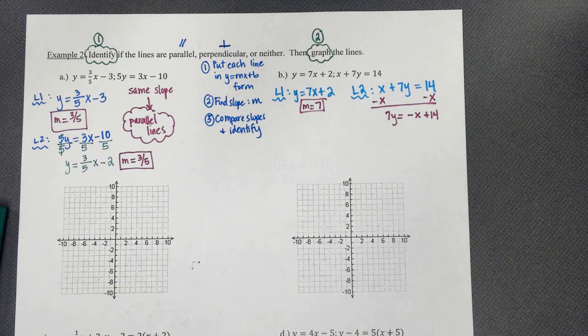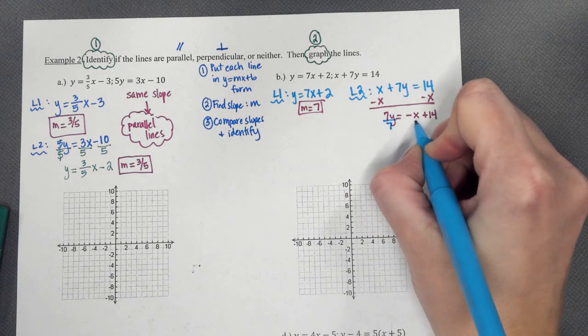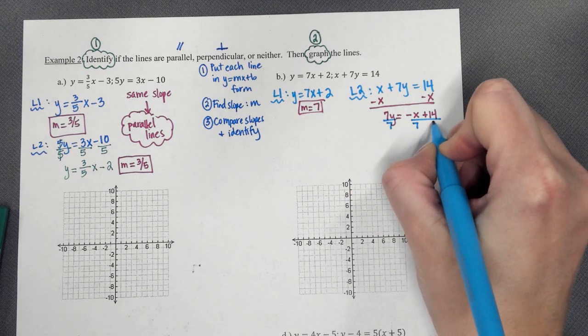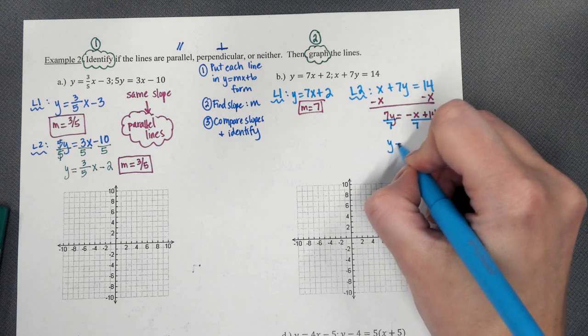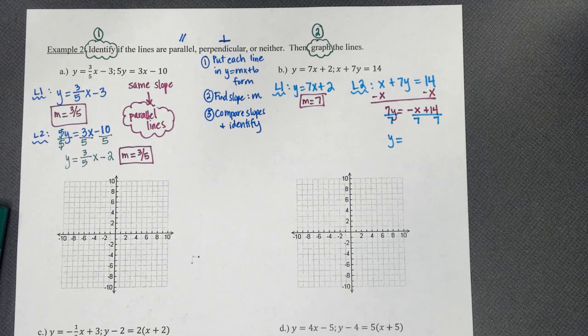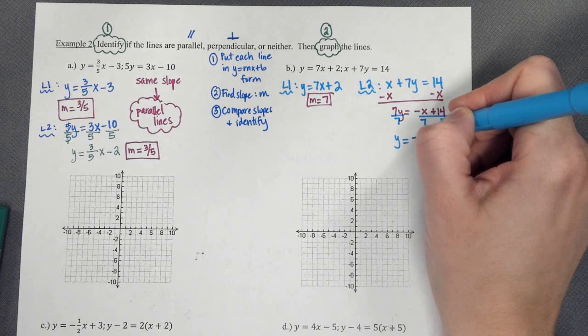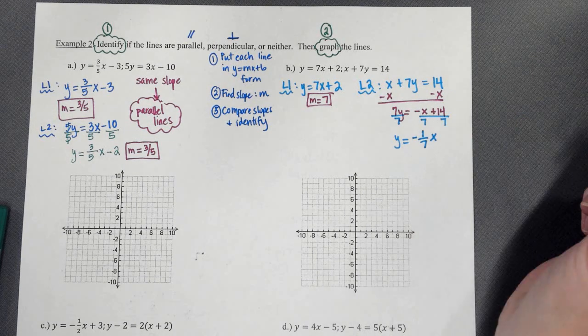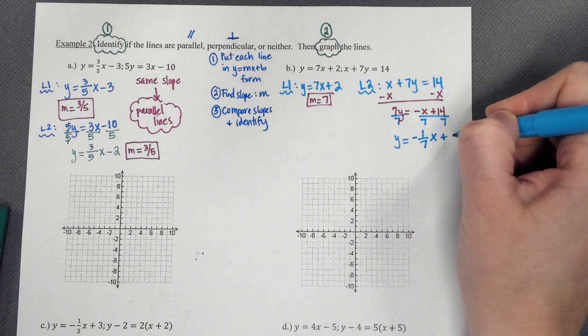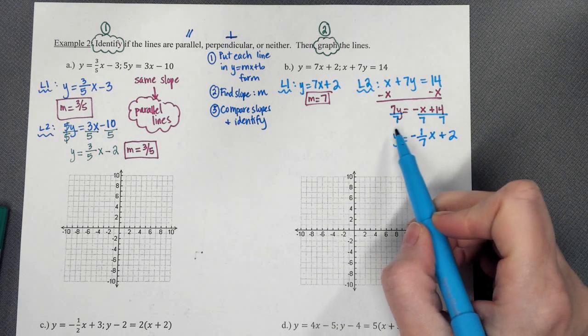Alright, so once you get here, if you want to get y by itself, you're going to divide. Now when you divided, this is the part that I thought might be tricky for you. Once you have this, you're going to do negative 1 over 7x, and then 14 divided by 7 is 2.